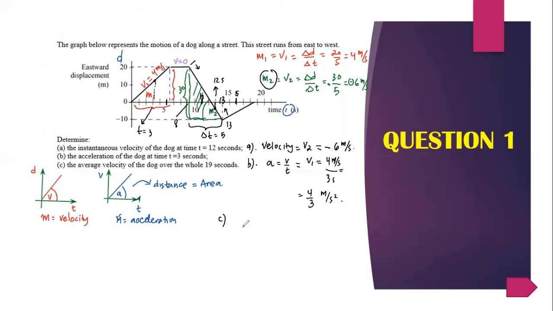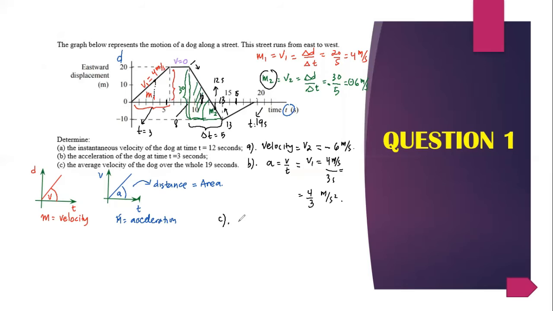Okay, good. Now we go to part C. Part C is the average velocity of the dog over the whole 19 seconds. Here is 19, right? 16, 17, 18, 19. Here, 19 seconds, right? Is it clear to you?